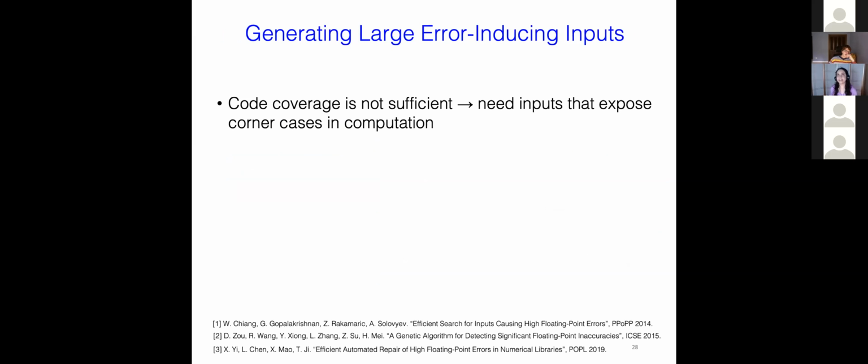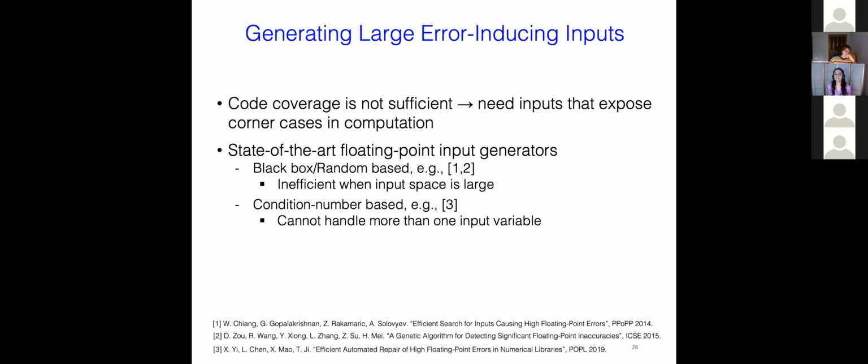Just imagine the case in which you have a 0 and you will have good coverage, but it's not really going to expose an interesting case in terms of the computation. An example of these inputs are values that expose large floating point errors in the program's result. Finding large error-inducing inputs is not trivial, and previous work has shown that only a very small portion of the input domain can cause large errors.